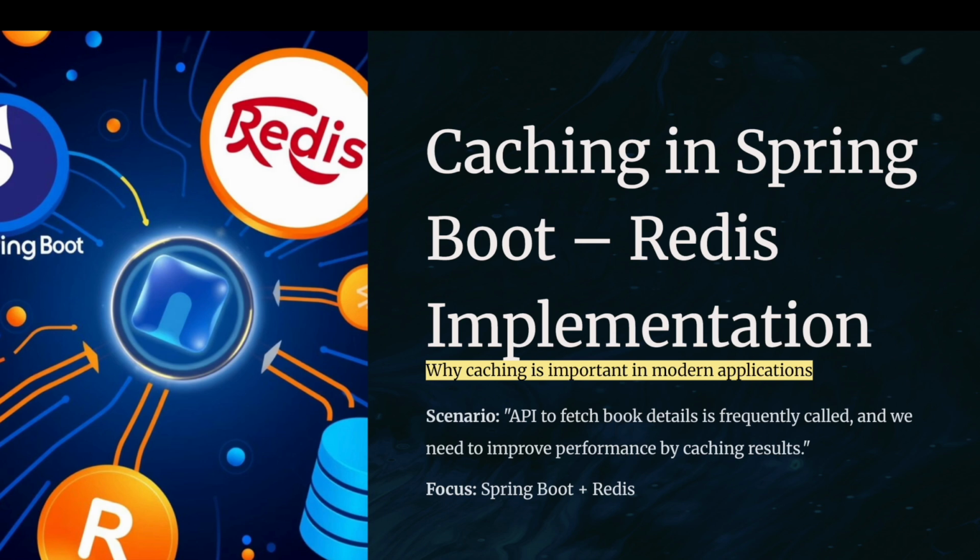So let's get started. I'll start with the theory: what is Redis, what is the advantage of using Redis cache, what annotations we will be using and what dependency we will be adding. So let's get started with all of the theory details.